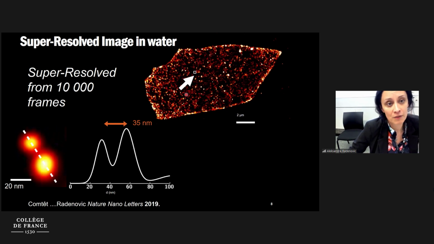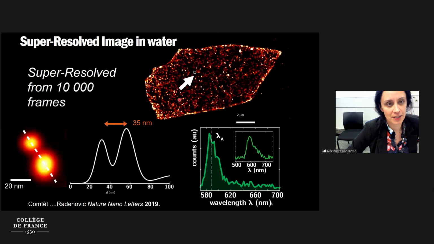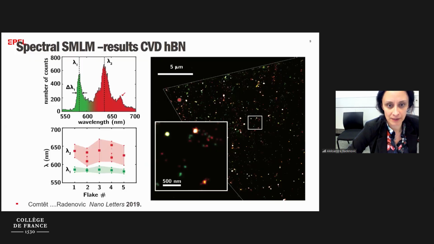And here we believe that they interacted with the proton, changing locally the band gap of hexagonal boron nitride, and through the interaction we could establish blinking as well as localization, and further on, spectral characterization of those types of defects.